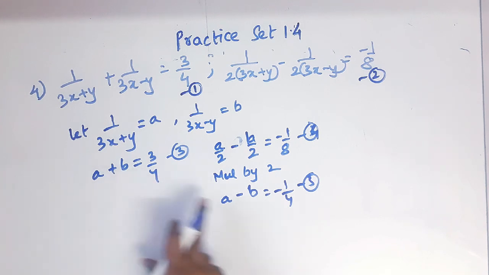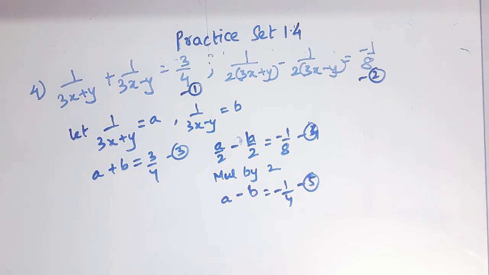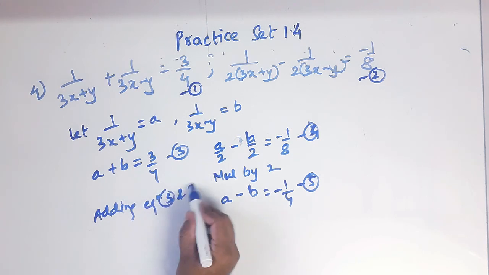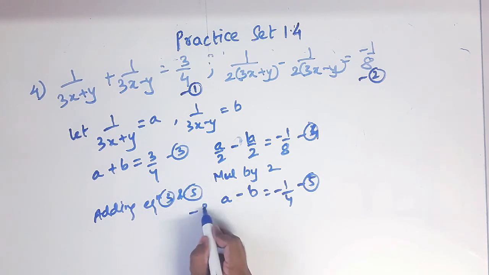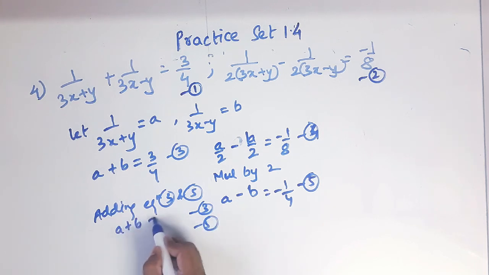Simply you can see, if I add them, b gets cancelled. So I'll write adding equation 3 and 5, third one and fifth one. So it will be a plus b equals to 3 upon 4 and a minus b equals to minus 1 upon 4. What will we get?